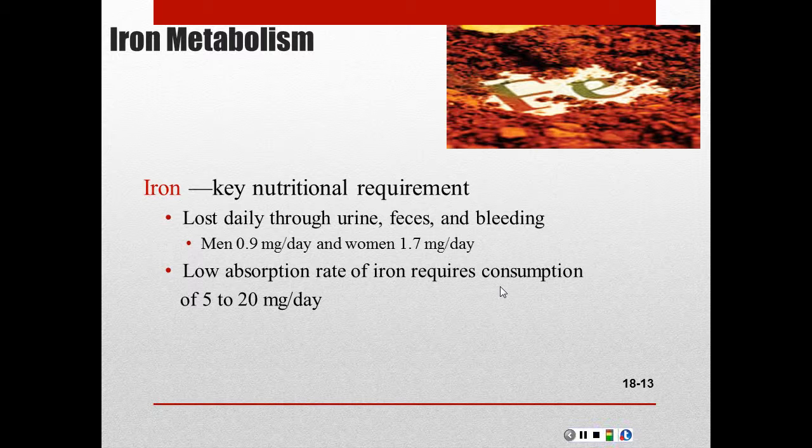So we know that it's a very crucial nutrient requirement for our body. Now we consume approximately 5 to 20 milligrams per day. Women require more iron than men due to menstruation, and a pregnant woman needs almost twice as much in the last 3 months of pregnancy.